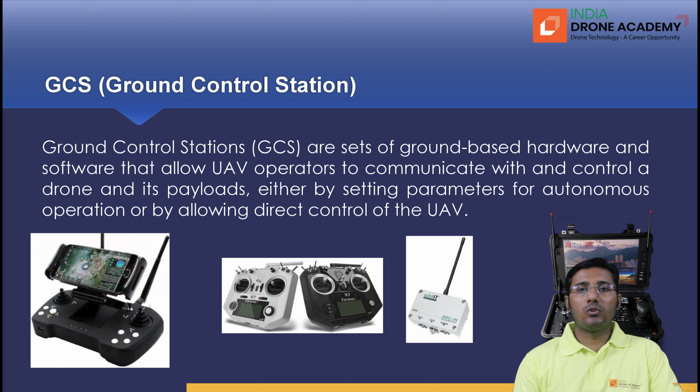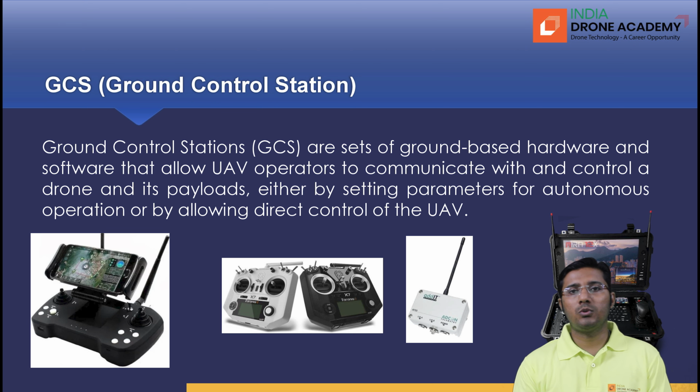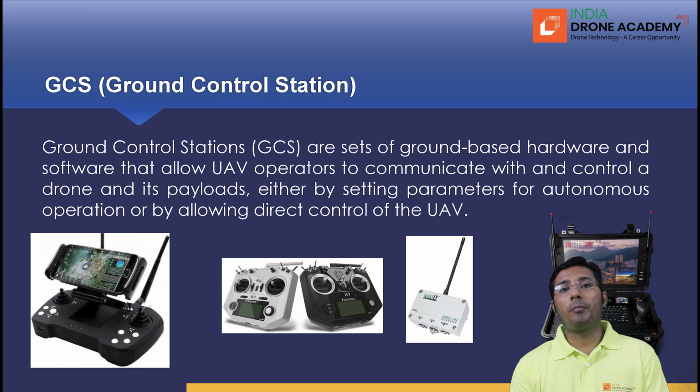At the ground control station, your laptop can be understood as a ground control station. Ground control stations are based on hardware and software, as they allow the UAV operators to connect with the drone and its payloads. These ground control stations also set the parameters for autonomous operations.